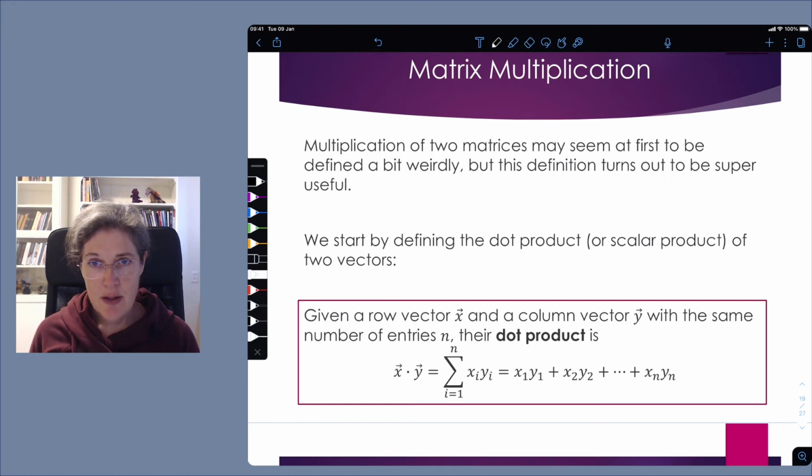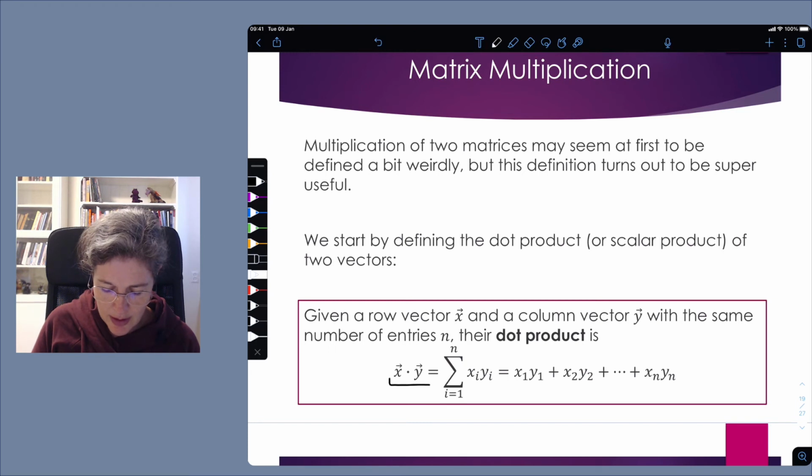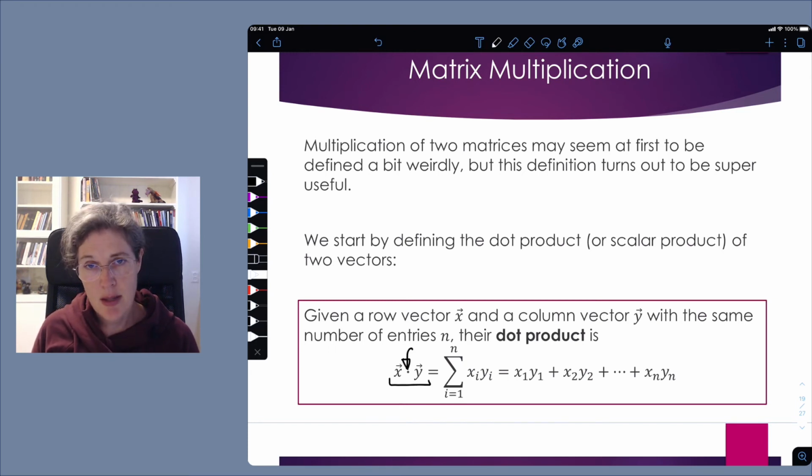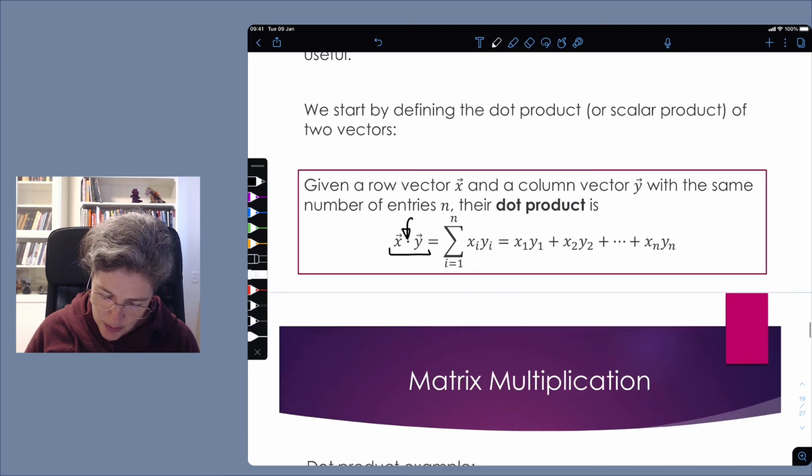So if we have a row vector and a column vector with the same number of entries, so they have the same length, then we define their product, their dot product, which we denote like this with this little dot sitting over here, as the sum of the product of their individual entries.